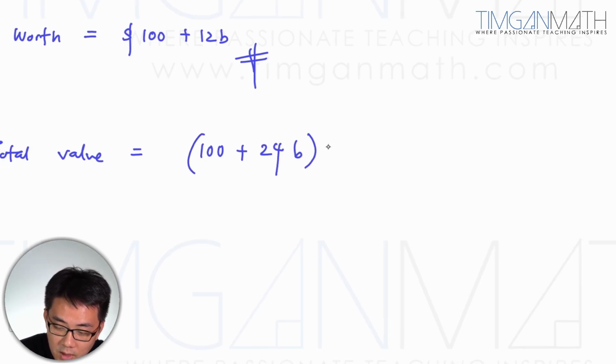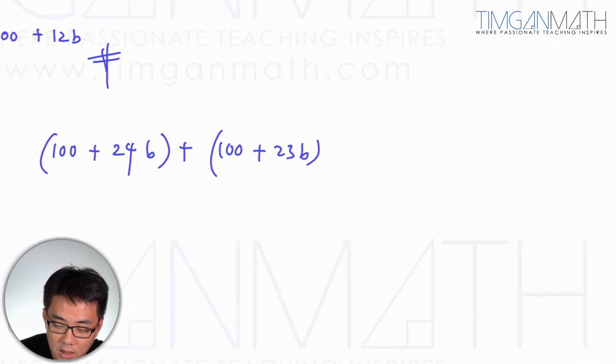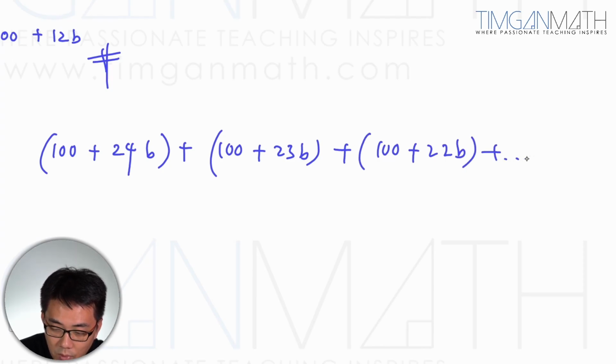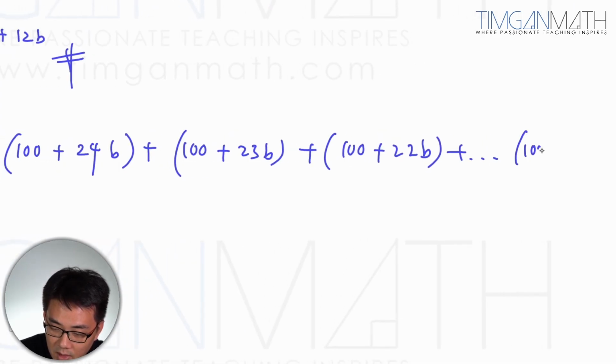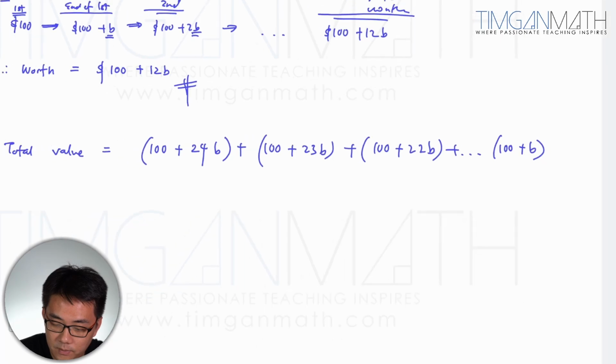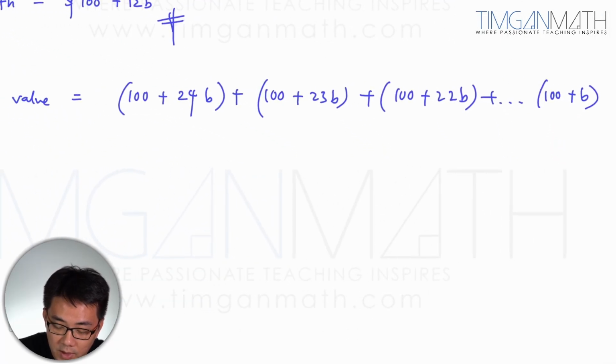Then subsequently, you have 100 plus 23B, then 100 plus 22B, and all the way to the last one, which is 100, the last month, plus B. Okay, so I repeat, this would be the first 100, the 100 from Jan 2016.